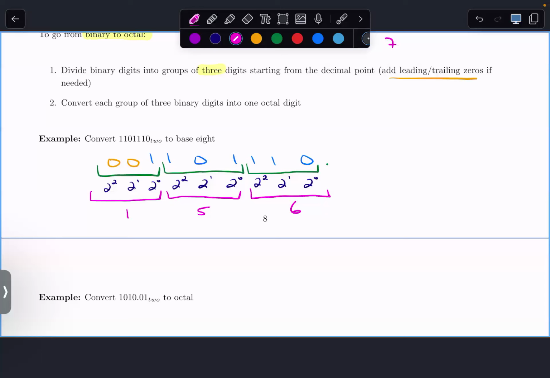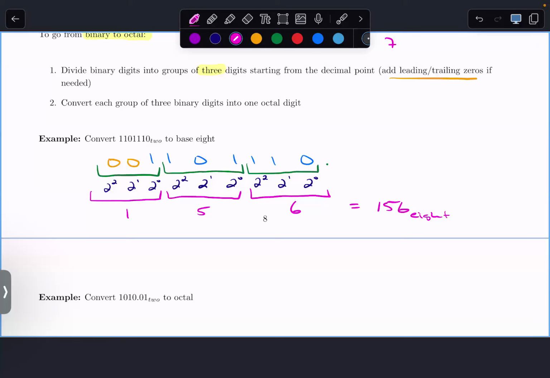You might even already be at the point where you look at these binary numbers and just see what they are, especially in these lower digits, but that's okay. So by this shortcut, the answer is 156 base 8.